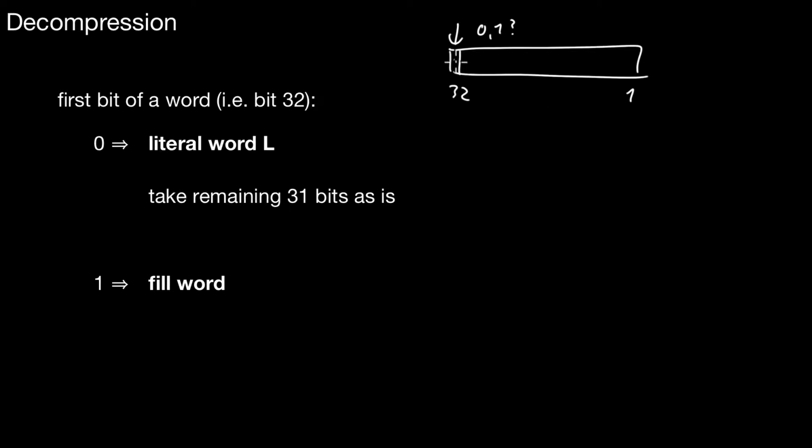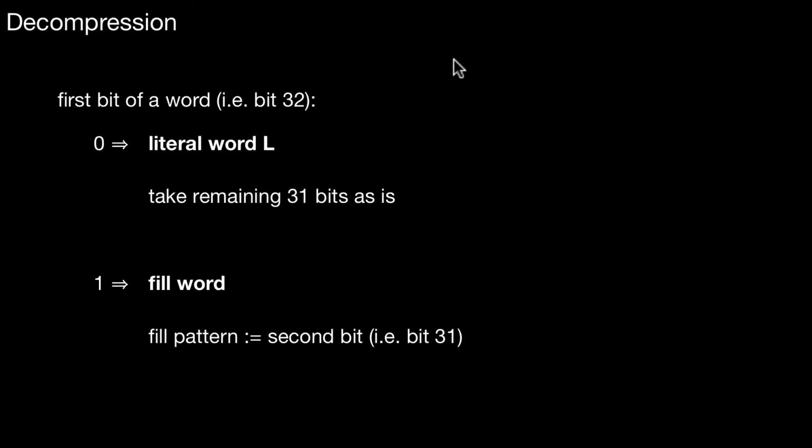If this is set to 1, however, then we have to inspect the other special bits here. First, the fill pattern has to be inspected. That is the second bit from the left, this bit here, bit 31. That is the pattern. Everything else signals the number of repetitions, as explained in the example above. So the repetitions are the remaining bits, and that tells me what to copy to the output.